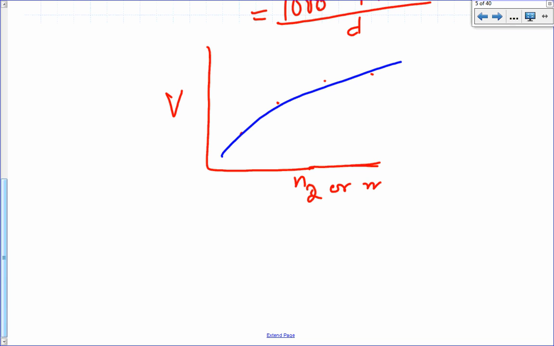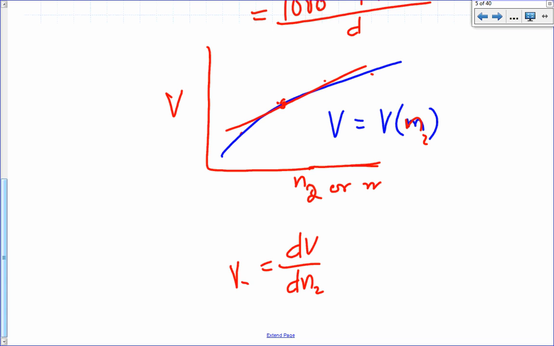And so what you do is express V as a function of molality, or V as a function of N2, which is the same as molality. You take the derivative with respect to N2, the slope of the tangent line, so dV/dN2 will just be your partial molar volume of component 2.